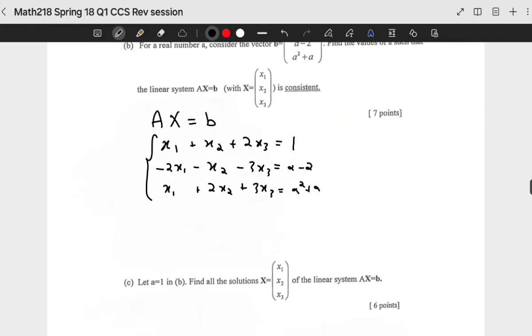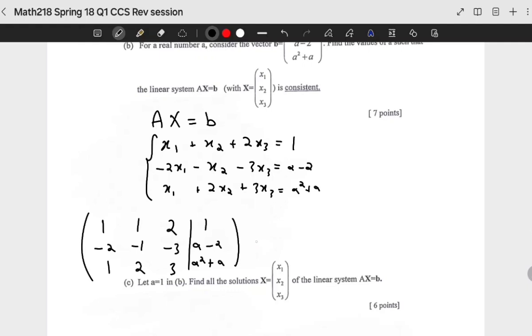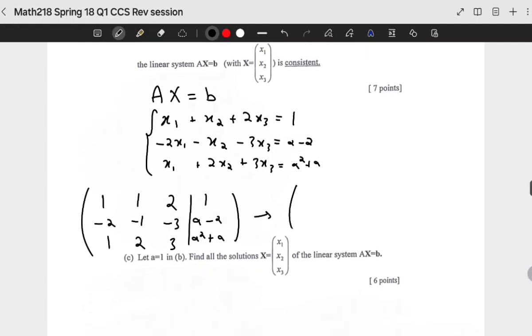So we're going to write the augmented matrix, which is 1, 1, 2, minus 2, minus 1, minus 3, 1, 2, 3, and then 1, A minus 2, A squared plus A. And we want to convert it to row echelon form. So 1, 1, 2, 1, and then 0.